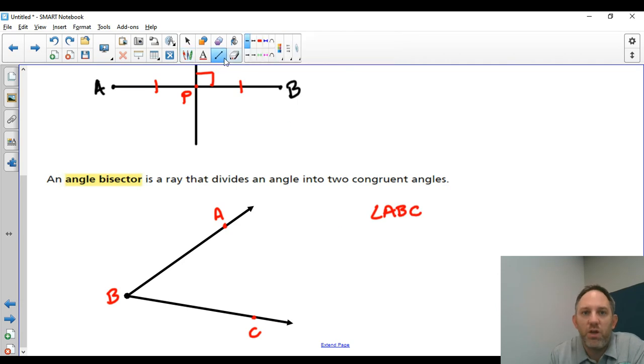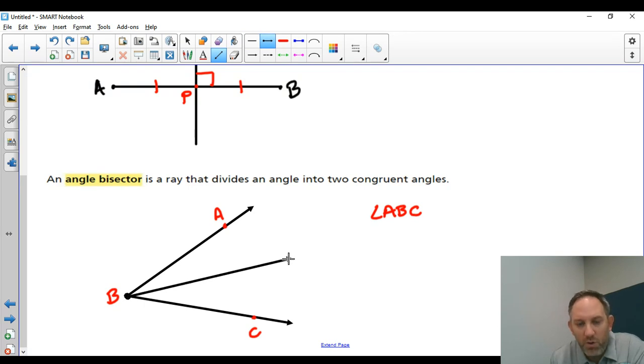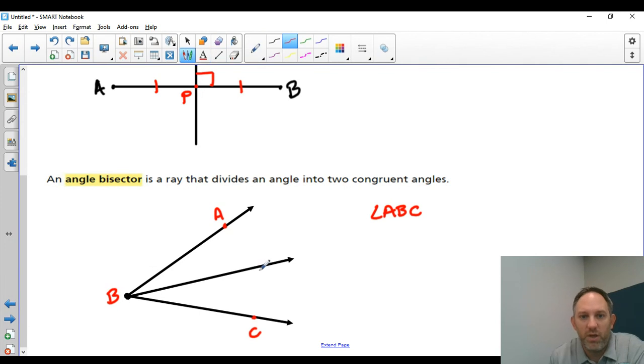If this ray, let me put a ray in there, if this ray right here went right up through the middle of that angle, let's call that ray BD, in such a way that this angle right here was congruent to this angle right here, then we would consider that to be an angle bisector.